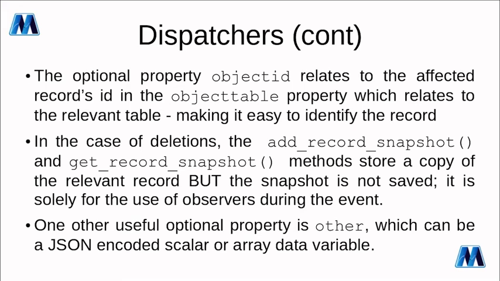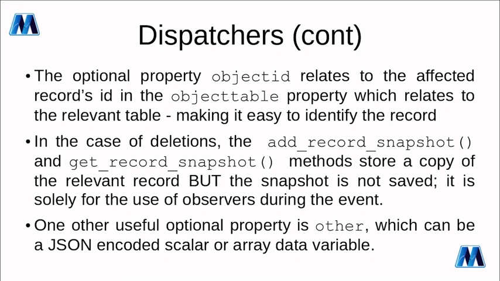Now, in the case of deletions, the record will not be there by the time the event is observed. So in the case of deletions, the add record snapshot is a useful method and is recommended for any deletion. So you basically take a snapshot of the record that's being deleted, and then the observers will call the get record snapshot to actually get a copy of that record.